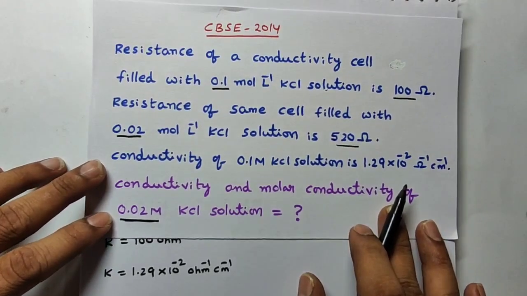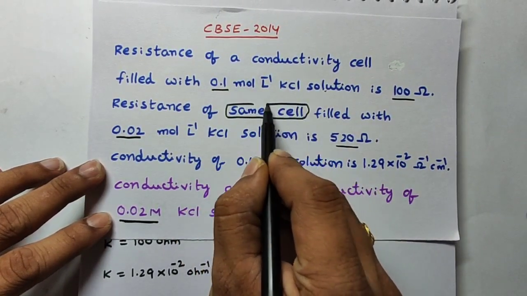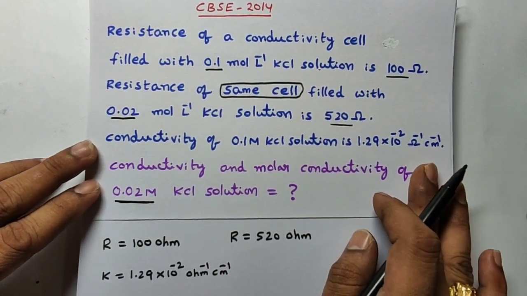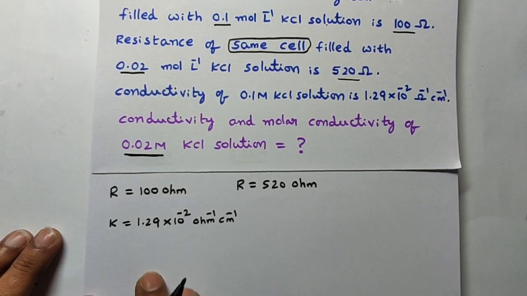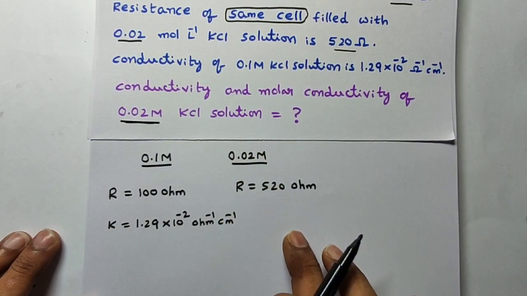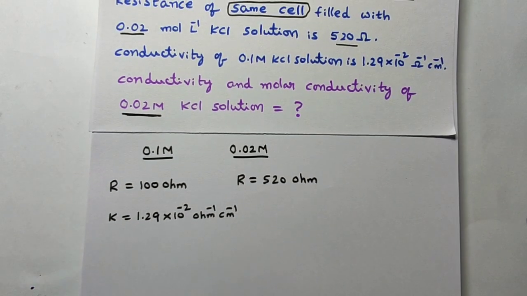If you observe carefully, the cell is the same. This is most important: same conductivity cell means the cell constant is also the same.